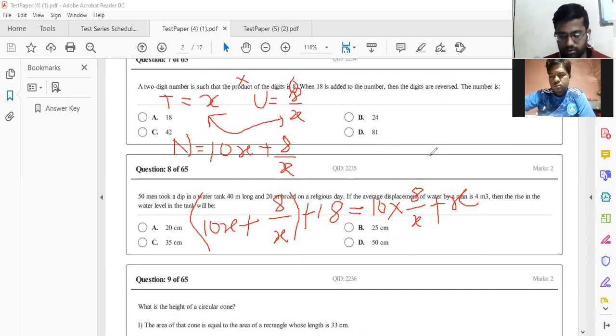Clear? डिजिट्स आर रिवर्स, तो जो यूनिट प्लेस था वो टेंस प्लेस पे चला गया, और टेंस प्लेस था वो यूनिट प्लेस पे आ गया. ओके, नाउ दिस इज योर कंडीशन. नाउ सॉल्व दिस एंड फाइंड आउट द वैल्यू ऑफ x.